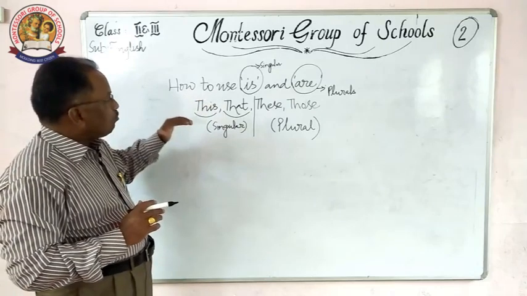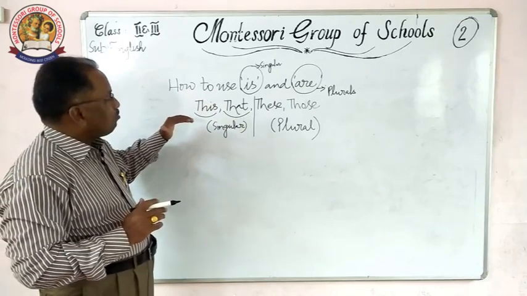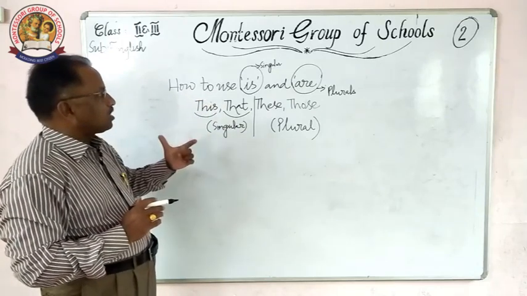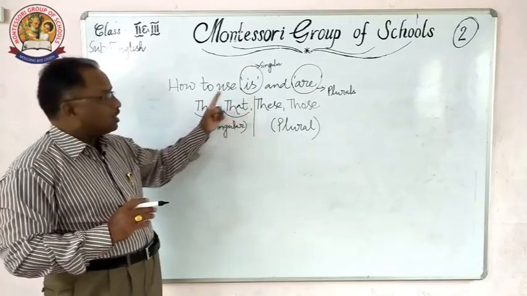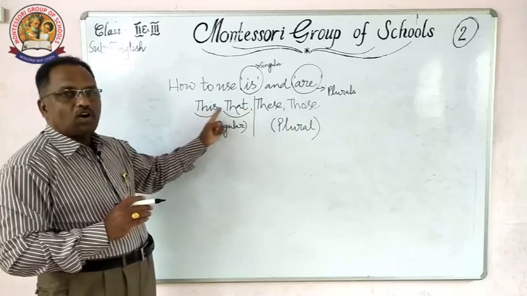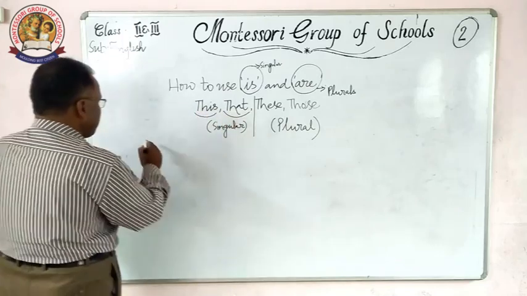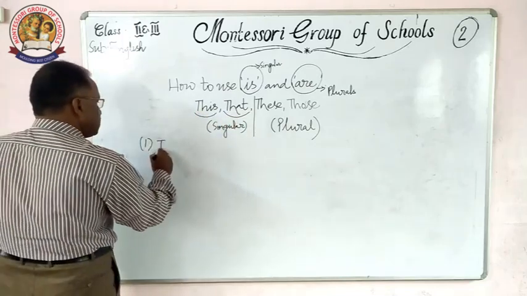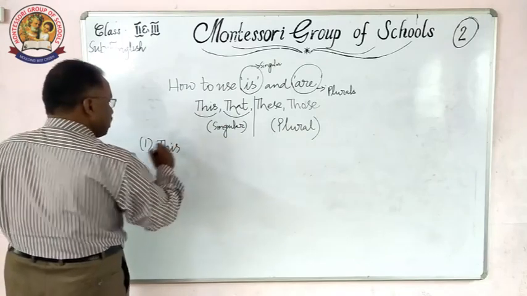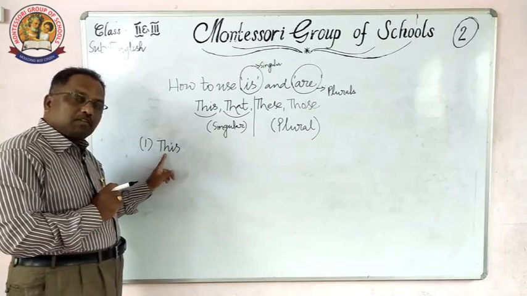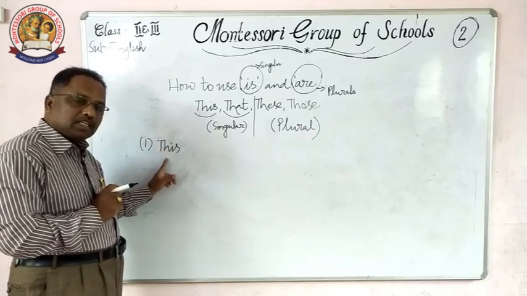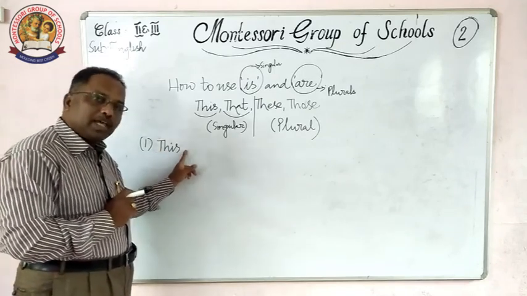So whenever we want to write a sentence using the singular verb is with the singular pronoun this or that, let us see one example. Whichever form the subject is in, the verb must be in the same form.